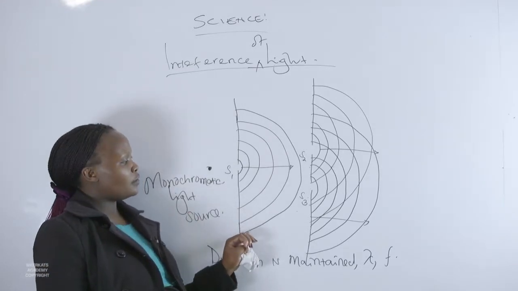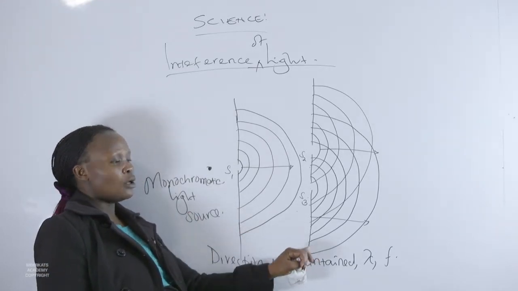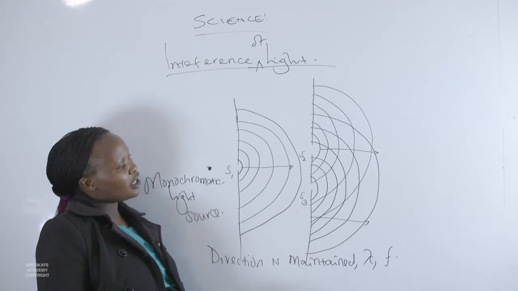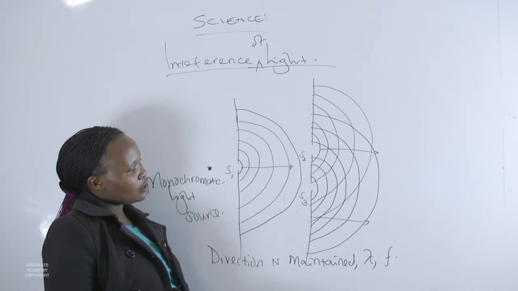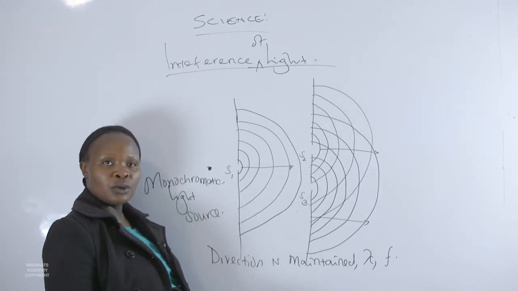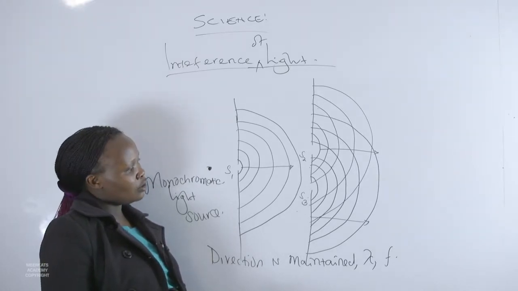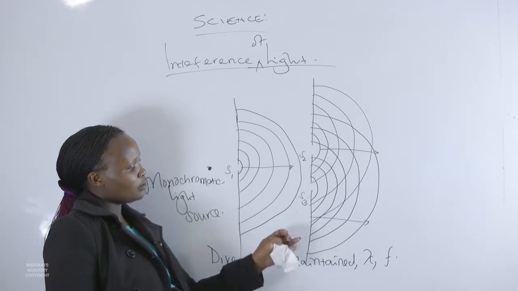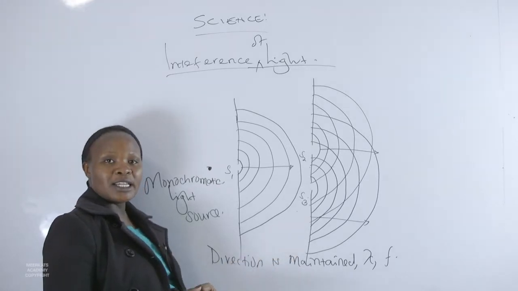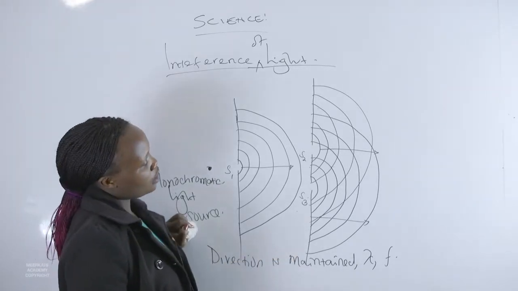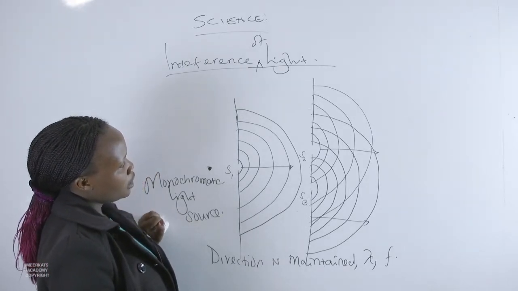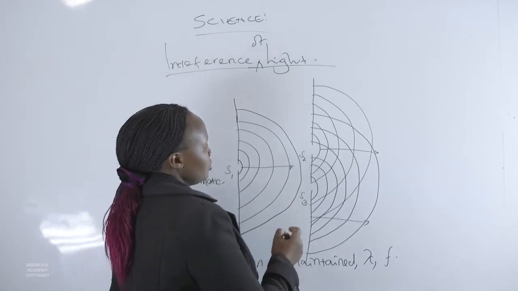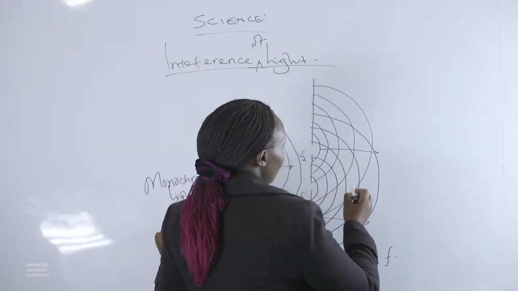And after passing through the slits, we expect that the light is going to be further diffracted so that we have two patterns or two waves emanating from the same source, and the two are the ones we expect to interfere so that we can have some patterns.